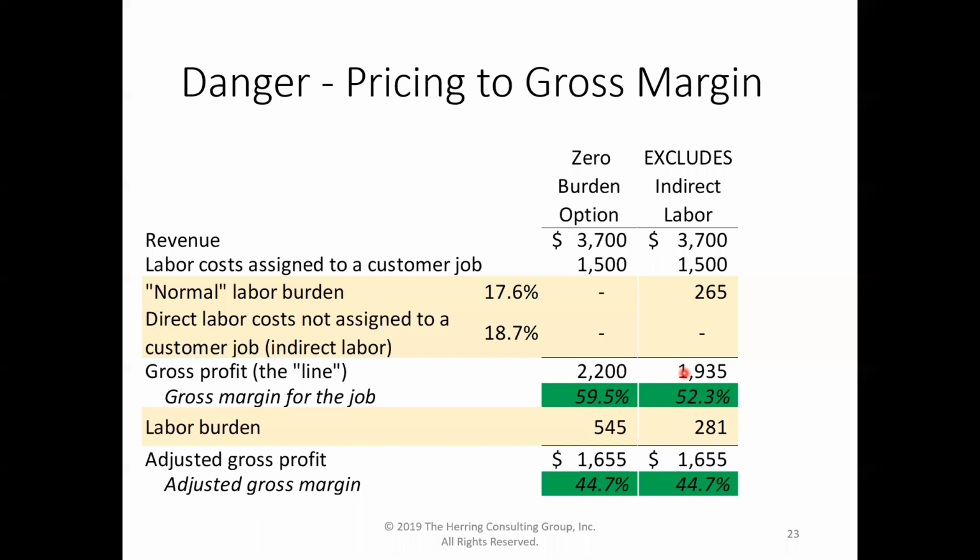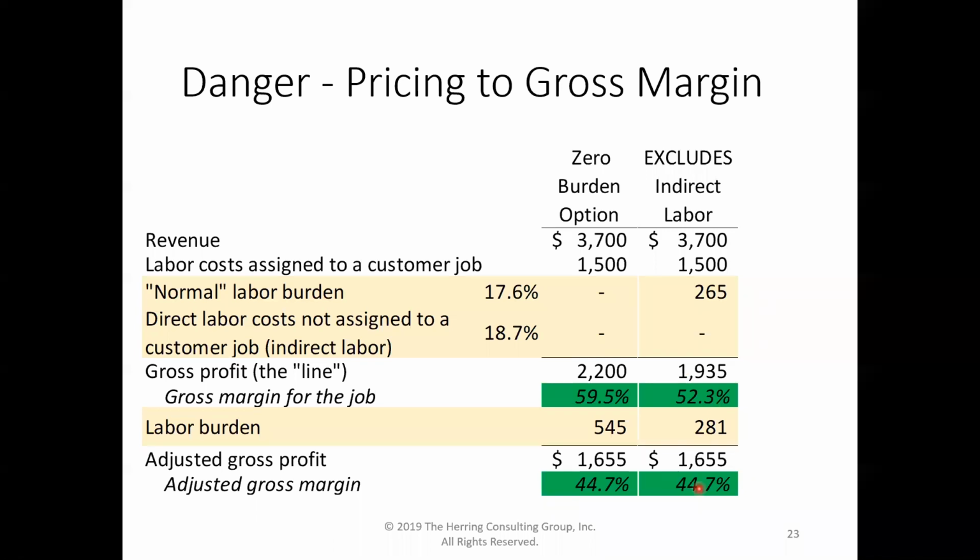That's kind of a normal case that I see. And in that case, the price is the same, $3,700. The labor cost is the same. Above the line, they have this additional $265 of expense. So their gross margin now has dropped from 59 to 52, right? 7-point difference in that gross margin.